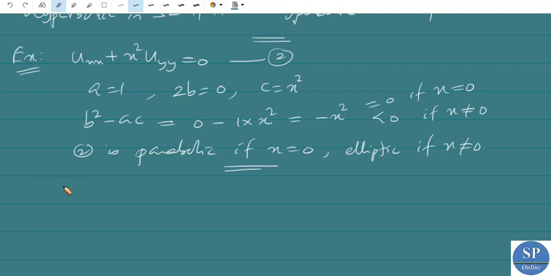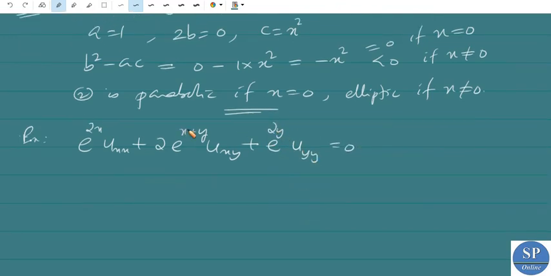Next we can consider one more example: e power 2x into uxx plus 2 into e power x plus y into uxy plus e power 2y into uyy equal to 0. Clearly we have a equal to e power 2x, 2b equal to the coefficient of uxy, that is 2 into e power x plus y, and c equal to e power 2y.